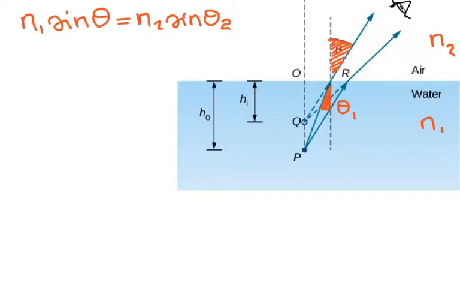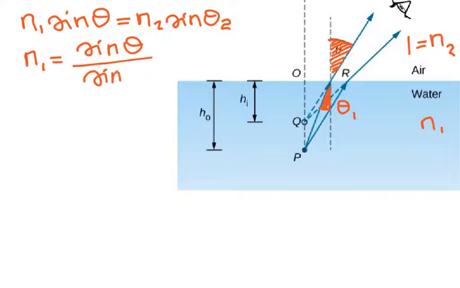Then, because we know that for air n2 is equal to 1, and this is always the case with a liquid or water and air, I can write that n1 is equal to sine theta 2 divided by sine theta 1.